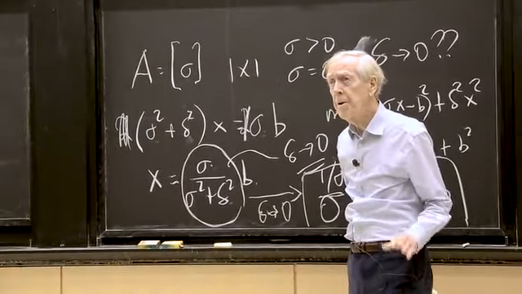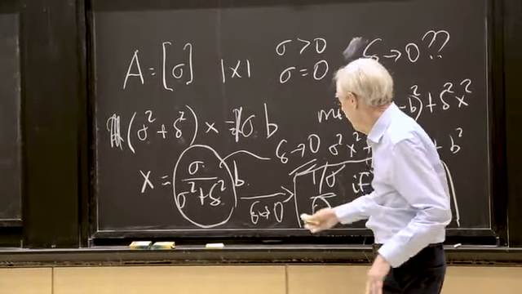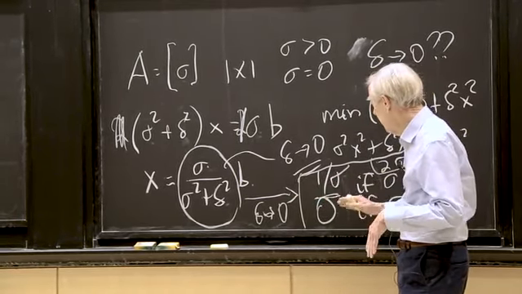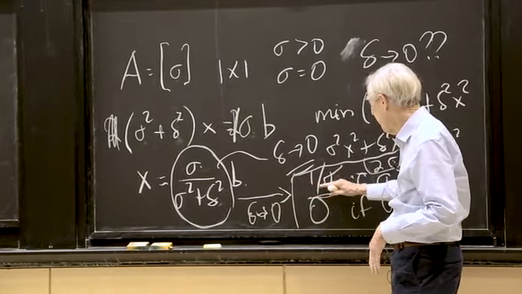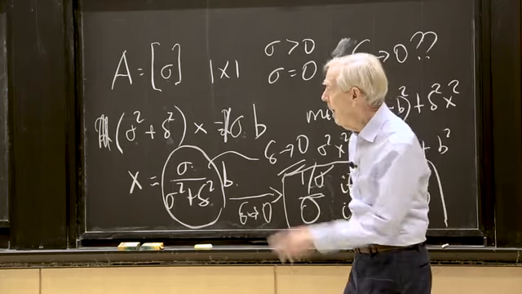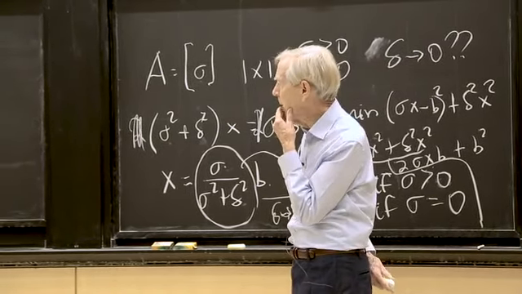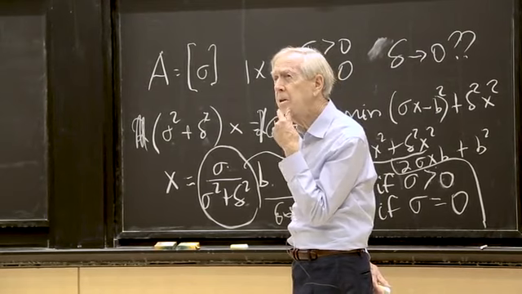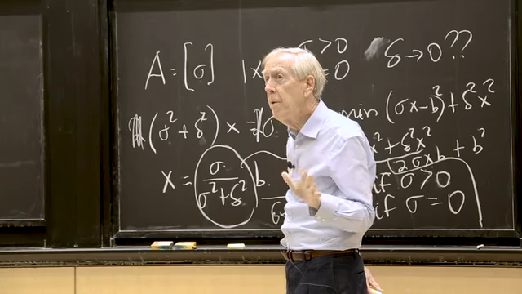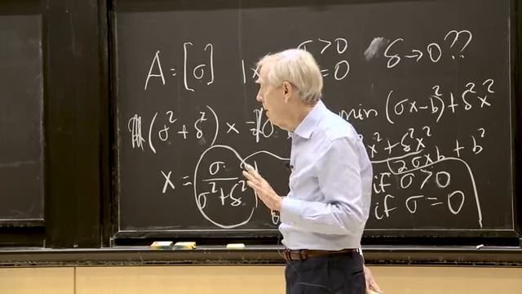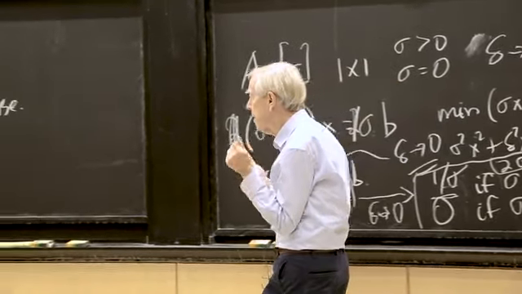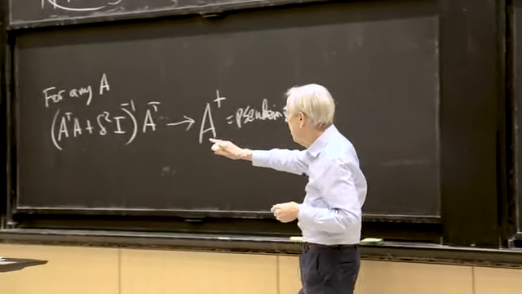It shows that limits can be delicate. The limit as delta goes to 0, this thing is suddenly discontinuous. It's this number that's growing, and then suddenly at 0, it falls back to 0. Anyway, that would be the statement. Actually, statisticians discovered the pseudo-inverse independently of the linear algebra history of it, because statisticians did exactly that.